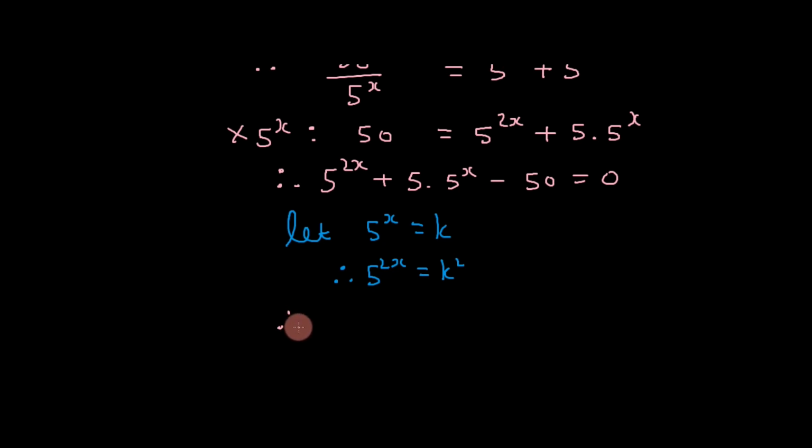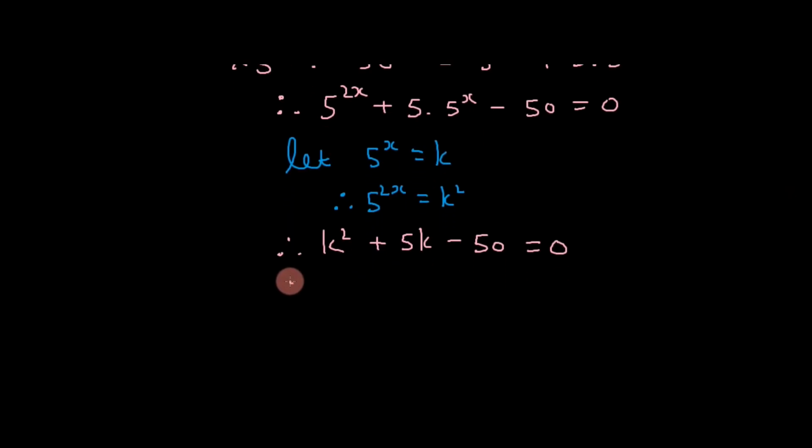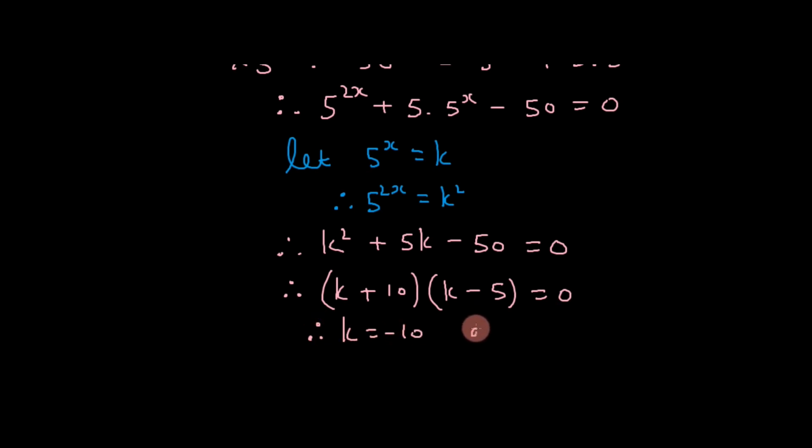So substituting the k's into the equation, we have k squared plus 5k minus 50 equals 0. We can now factorize and solving for k, k is negative 10 or k is 5.